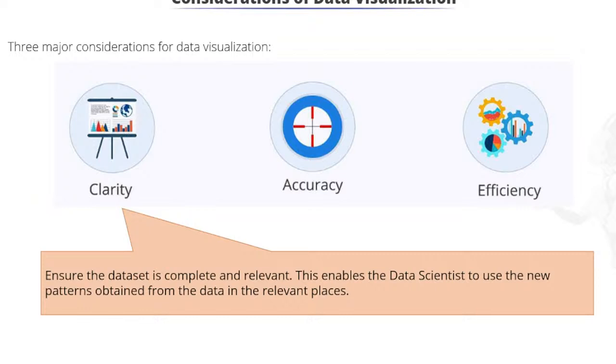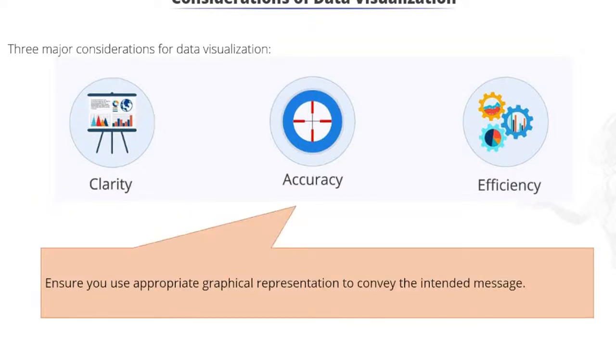Clarity ensures that the data set is complete and relevant. This enables the data scientist to use the new patterns, and whatever is obtained from the data is relevant, and make sure the data scientist will use this new pattern obtained from the data in the relevant places.